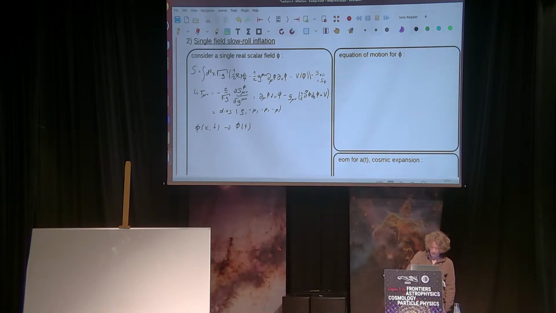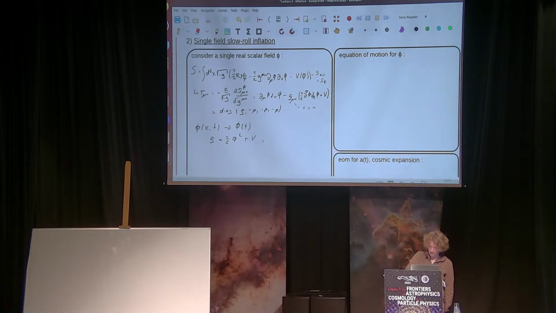And then recall that the metric was minus plus plus plus. So you get 1 minus here, 1 minus here, 1 minus here. And then in total, for rho, you get 1/2 phi dot squared. And then with this minus and this minus, this stays a plus, so plus V.